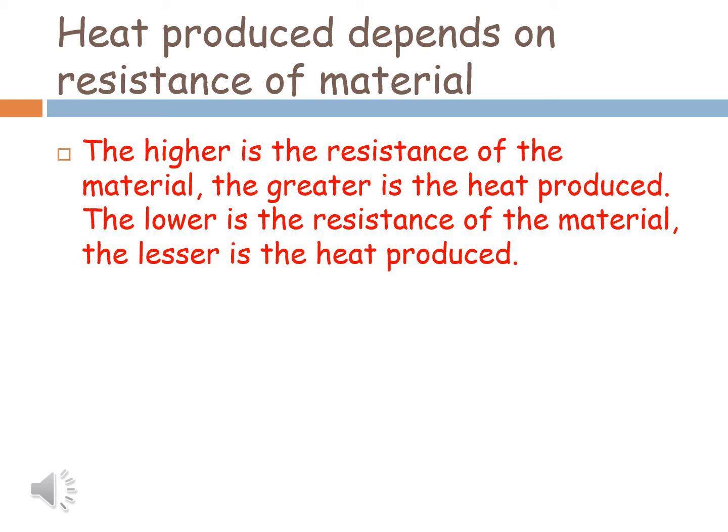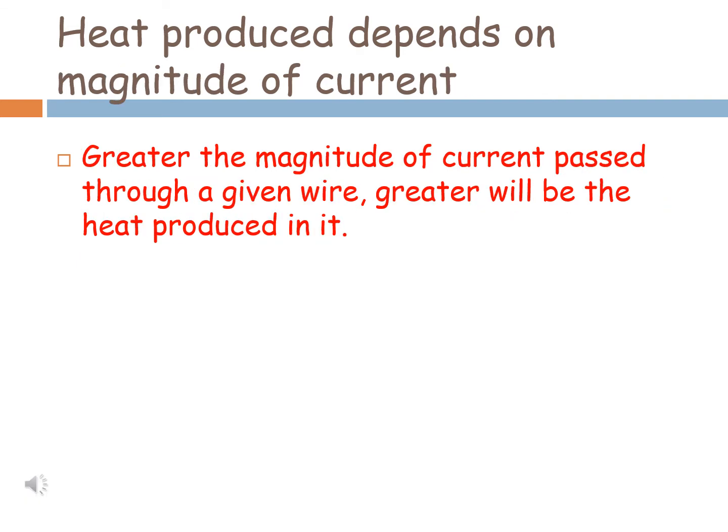So if resistance is high, heat produced will be high, and if the resistance is low, then heat produced will also be less. Heat produced also depends upon the magnitude of the current. The greater the magnitude of current passed through a given wire, the greater will be the heat produced in it.